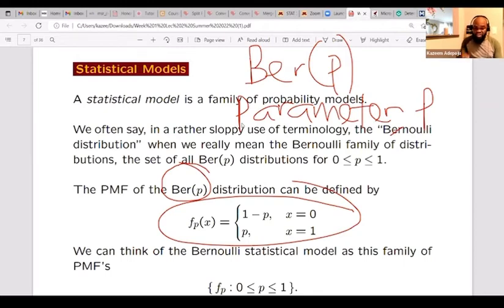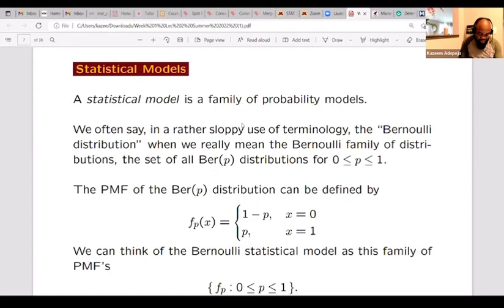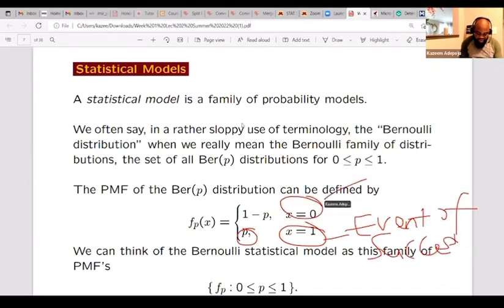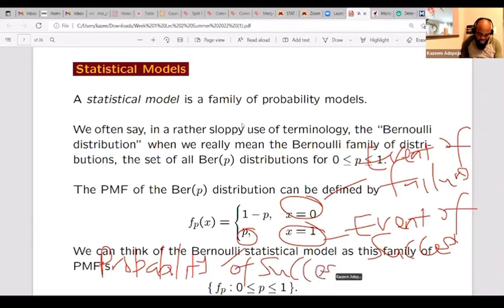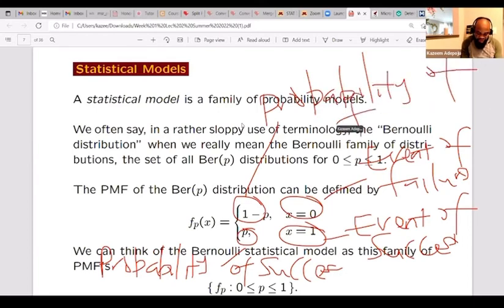The probability of success is p, and the random variable for that is S equal to 1. This is the event of success, this is the event of failure, this is the probability of success, and this here is the probability of failure. Take a look at that. I told you, anytime you have an event, you have a corresponding probability for that event. I wanted to picture this as if you're doing business.